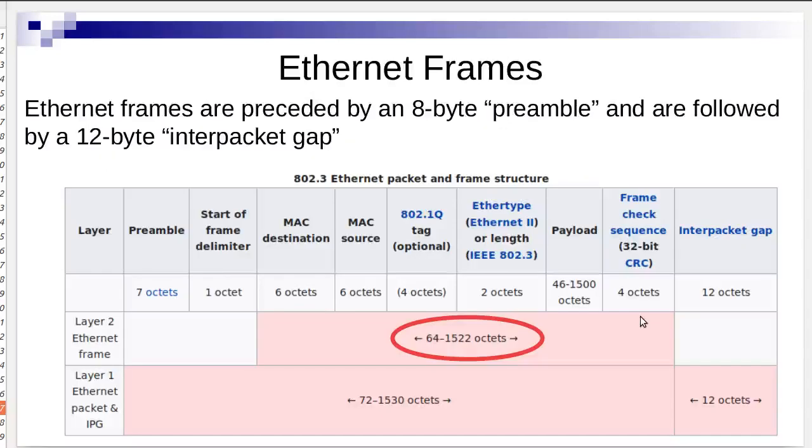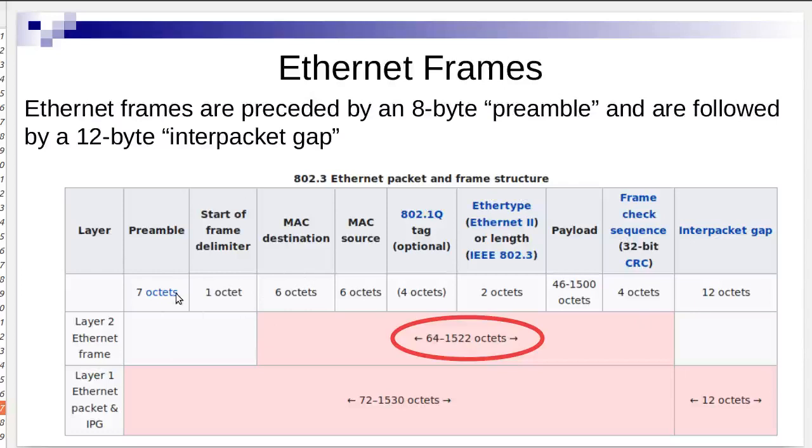So here's a deeper dive into the structure of Ethernet frames. Each frame starts with a destination MAC address, so it starts right here. But just before that, there is a preamble. There's 7 octets, and it's usually AA.